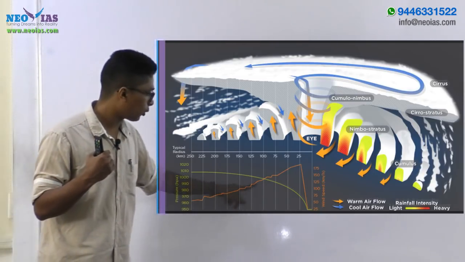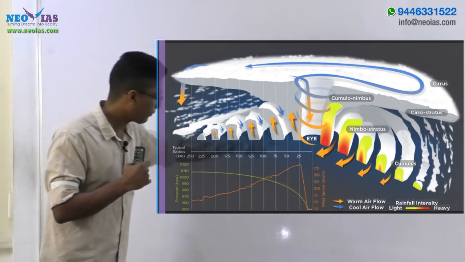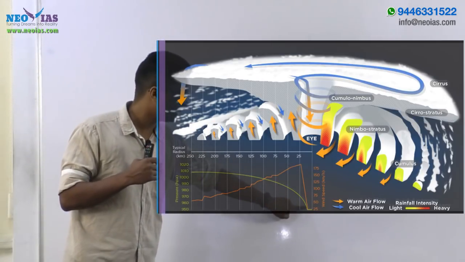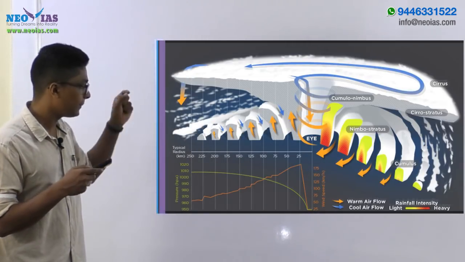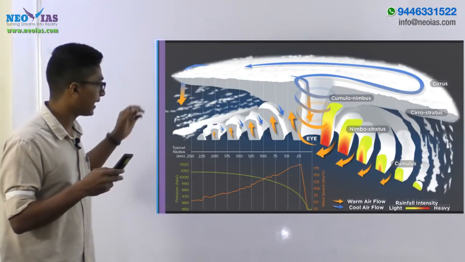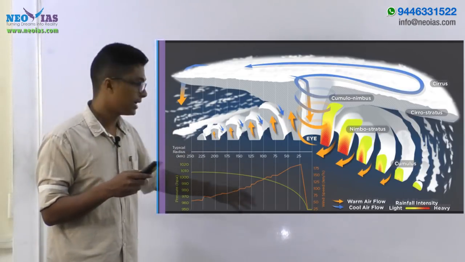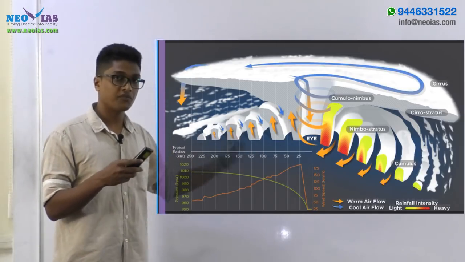Now as we approach the eye wall, the wind speed is maximum, and all of a sudden, the wind speed is again decreasing in the eye region. So the eye region will be having the lowest surface temperature, and the wind speed will be very less. At the same time, in the eye wall region, we will be having the highest wind speed.